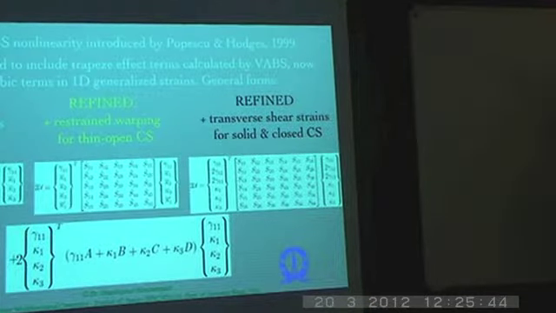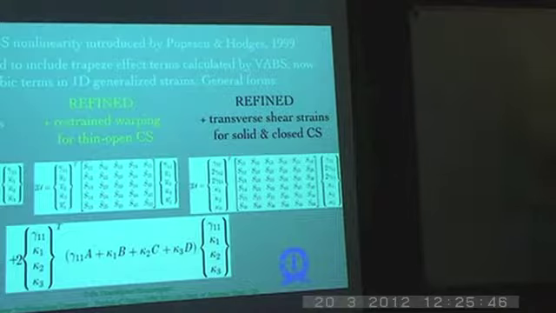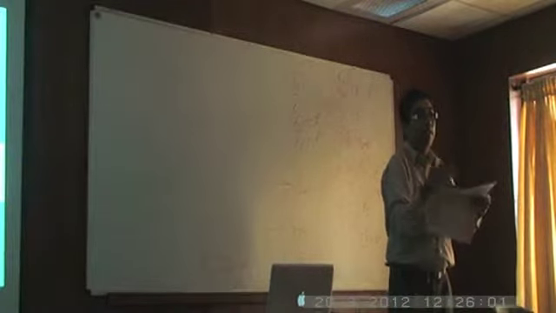On the other hand, for thin plates and shells, you will still be able to retain this kind of structure. In other words, the contribution to the energy of this will not be important. The reason being that in a thin plate, as you go thinner and thinner, you know that you have gamma 1,3 and gamma 2,3 on these surfaces zero.